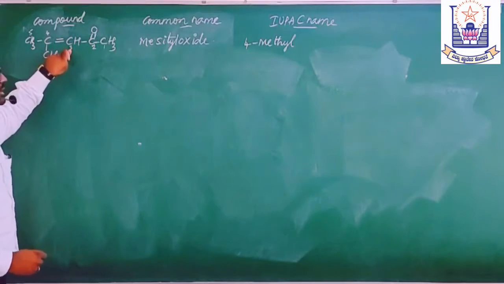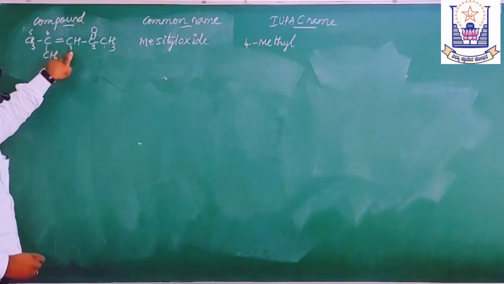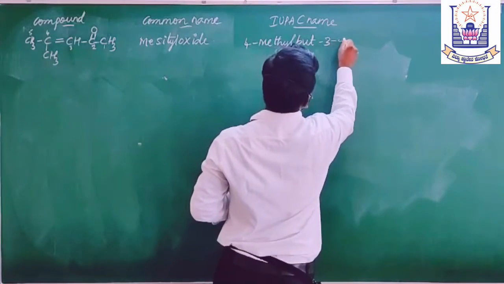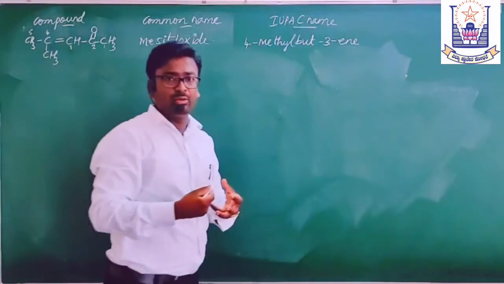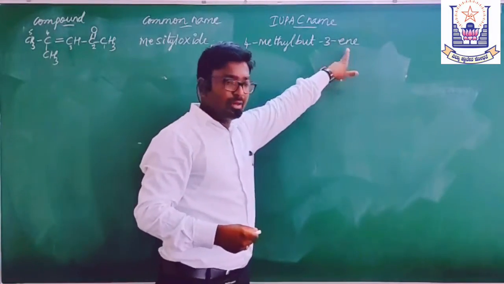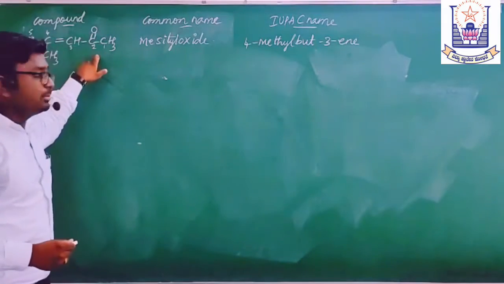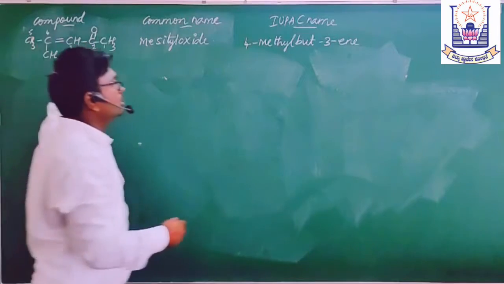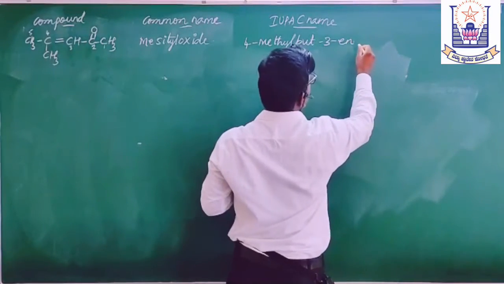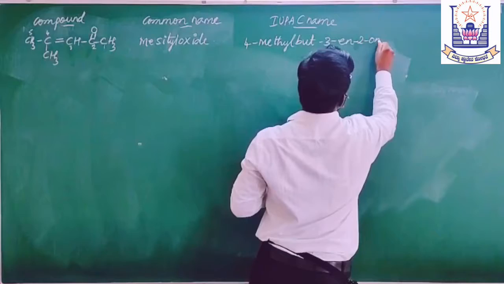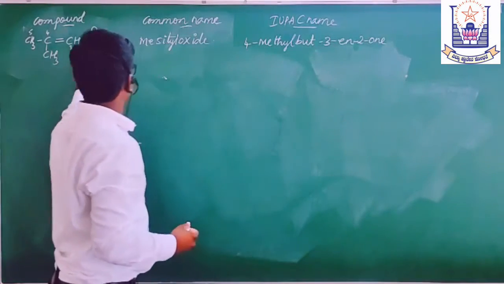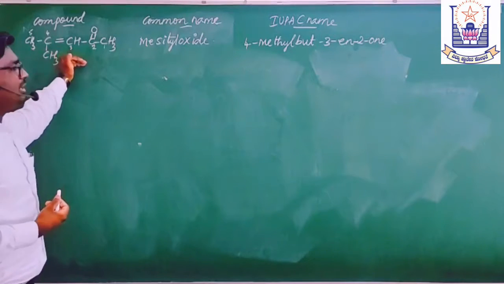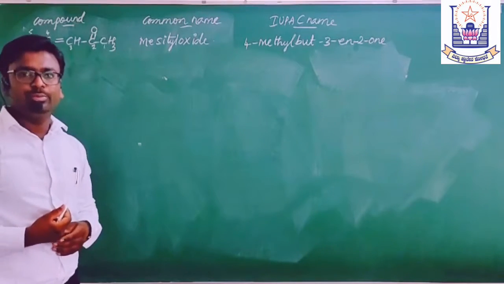The double bond starts from the 3rd carbon atom, so pent-3. Usually we write ene, but due to the presence of one more functional group, ketone, one will be the suffix, at position 2. So the IUPAC name of this mesityl oxide is 4-methylpent-3-en-2-one.